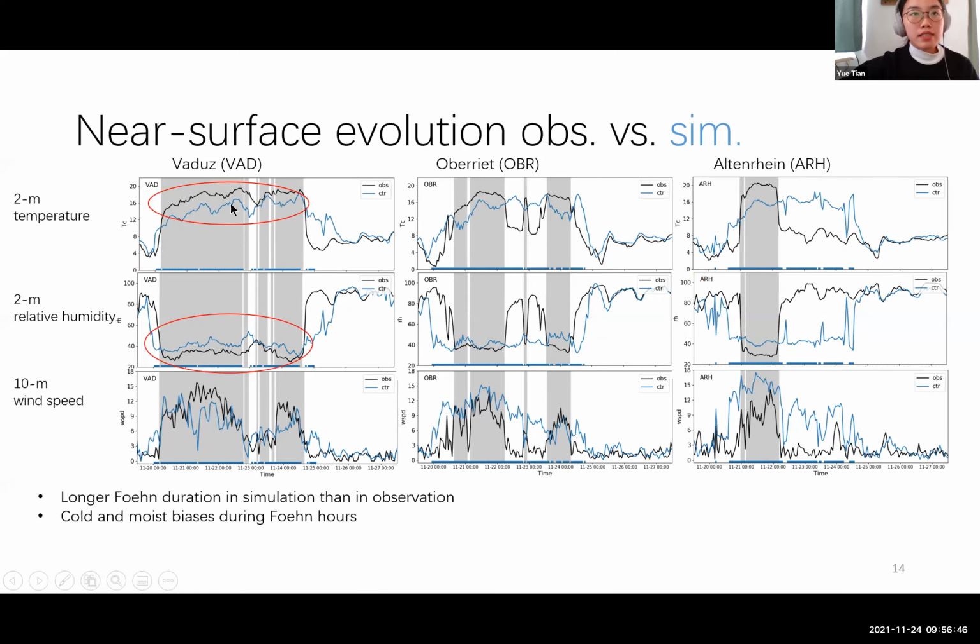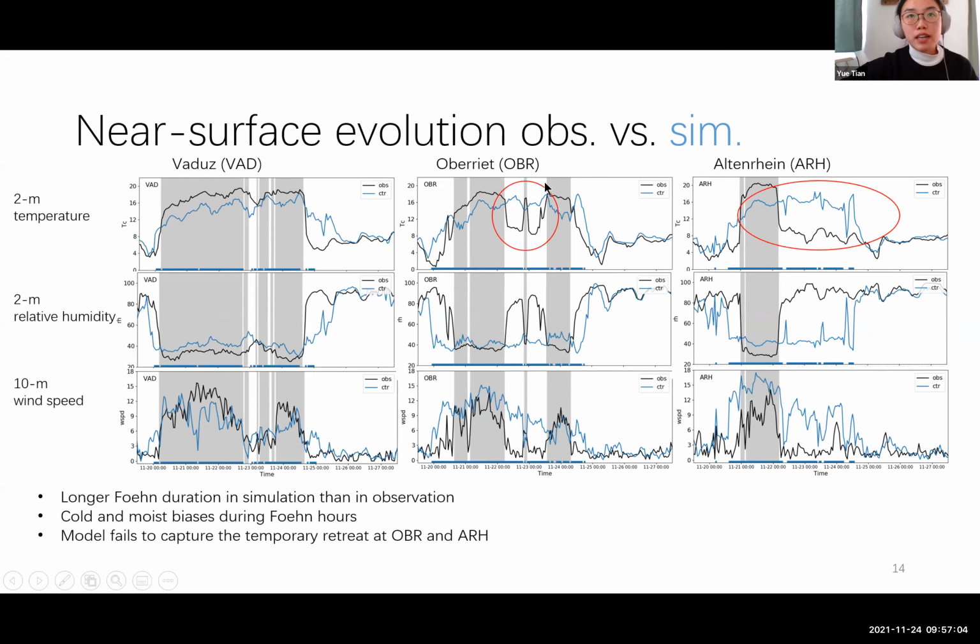And then we can see a very significant cold bias and moist bias in relative humidity during foehn hours. And you can see this cold bias and moist bias at the other stations too.